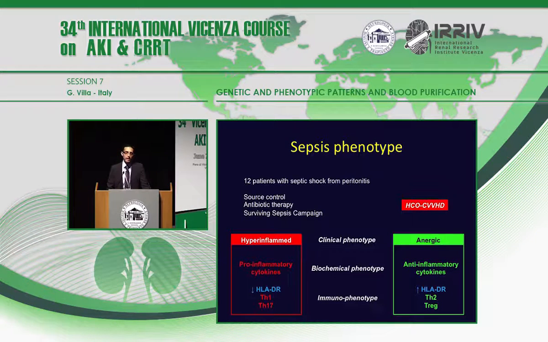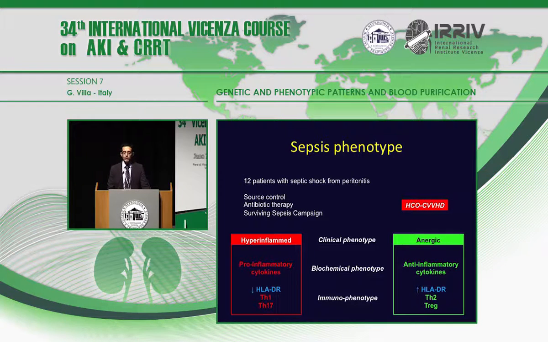In our center, we are performing a study in septic patients with peritonitis, with very restricted enrollment, in which we want to see the correlation between clinical, biochemical, and immunophenotypical phenotype in terms of systemic inflammation or anergy.